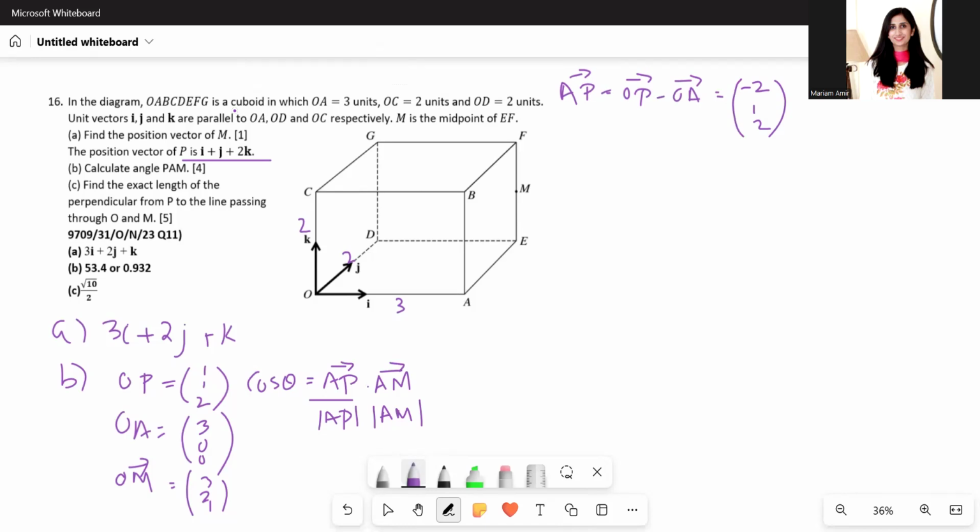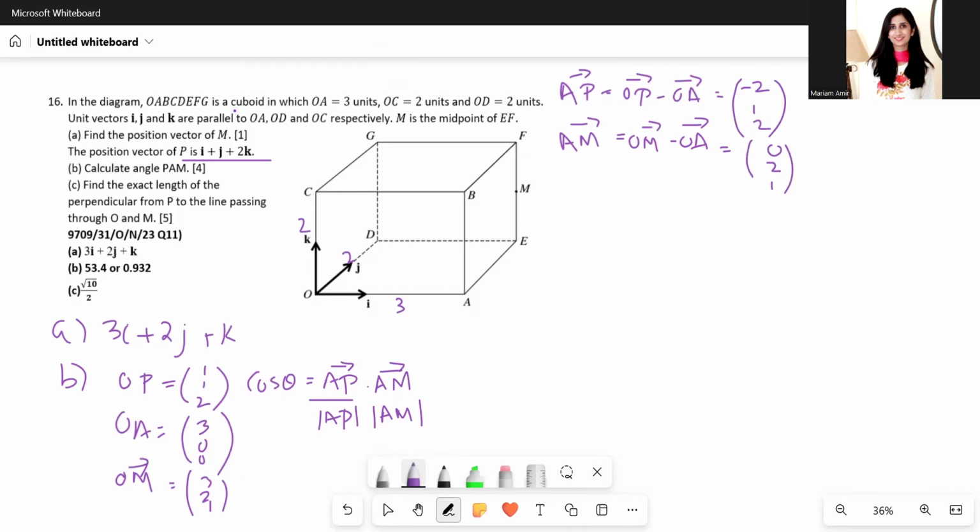Now we find AM. So AM is OM minus OA. So again, let's do that directly. That would be 0, 2, and 1. That's AM.